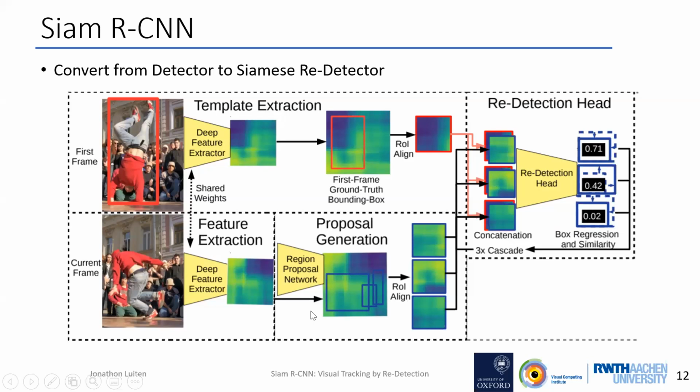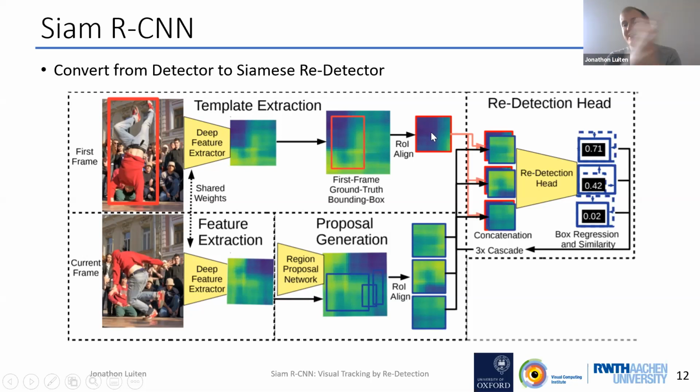Does this slow down the process, Jonathan, in any way, because you're doing it twice? So it doesn't really take any longer than a detector. I guess it does take somewhat longer, but almost none, because you extract these features for the first template frame once, just the first time, and then you save these features and use them again for every frame.